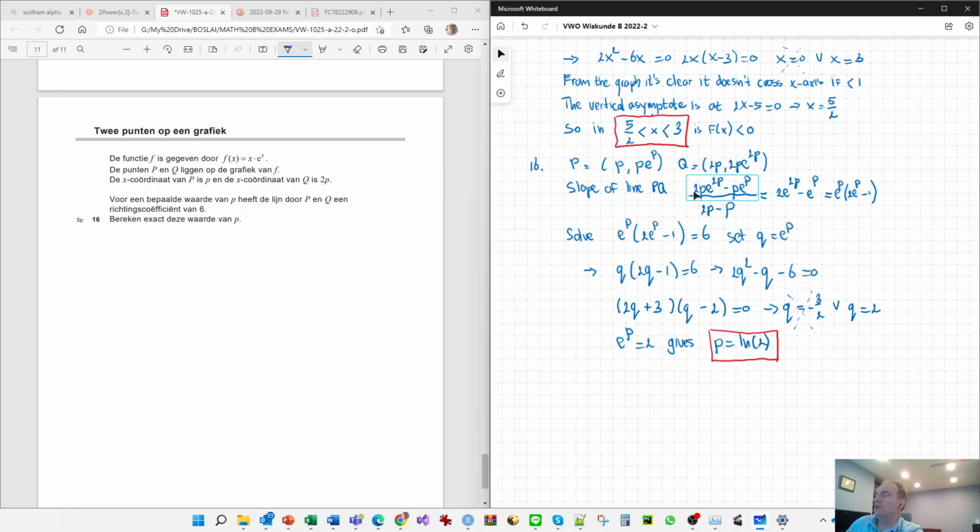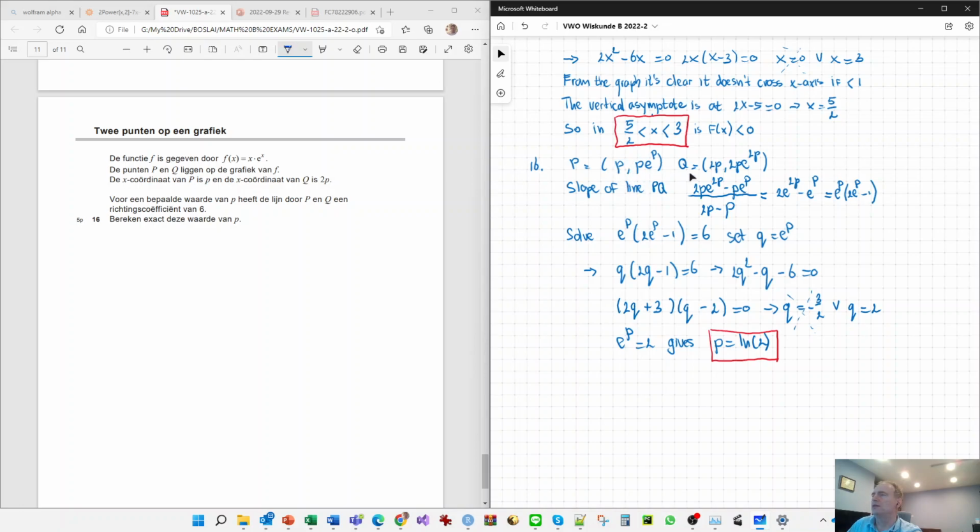Again, it's something like delta y divided by delta x. The y of Q is 2p times e to the power 2p. The y of P is p times e to the power p. And the delta x is just 2p minus p, which is p, right? So this is p. We can eliminate p. We need to worry a little bit about p being 0, but not really.